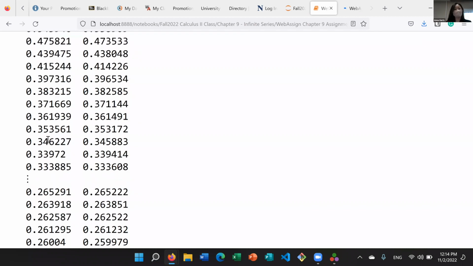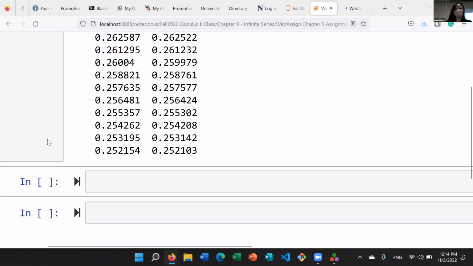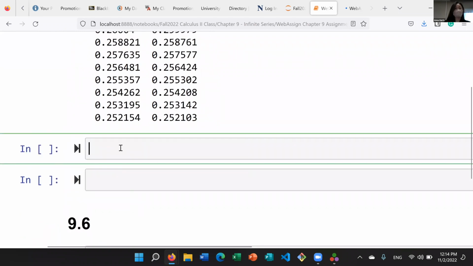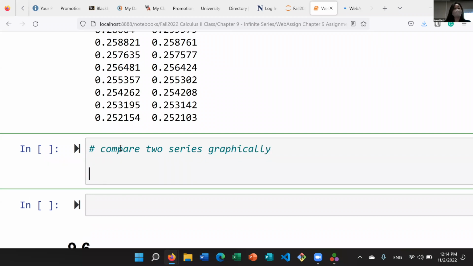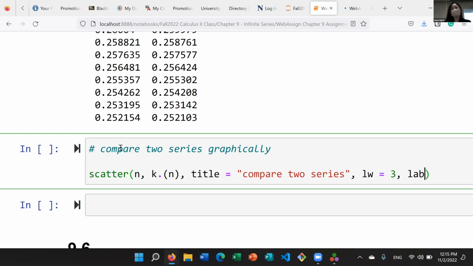Now let's do it graphically. We're going to compare two series graphically. I'm going to scatter n, comma, k dot n, with title "compare two series", line width 3, and a label.